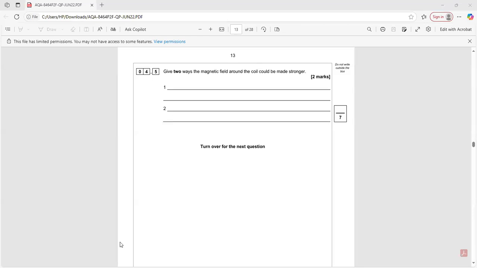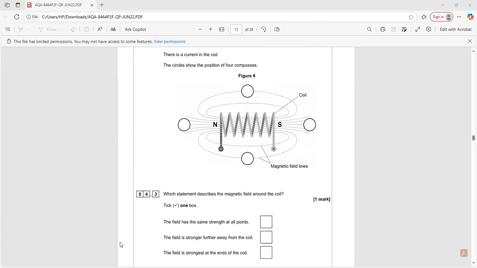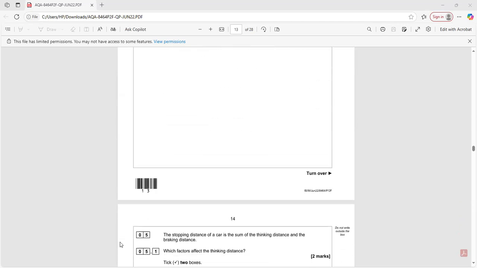What did you say? A bigger magnet. A bigger magnet. Okay, inside the coil, right? Yes. Okay, what else? Increase the current. Yes, that's right. Increase the current. Okay.